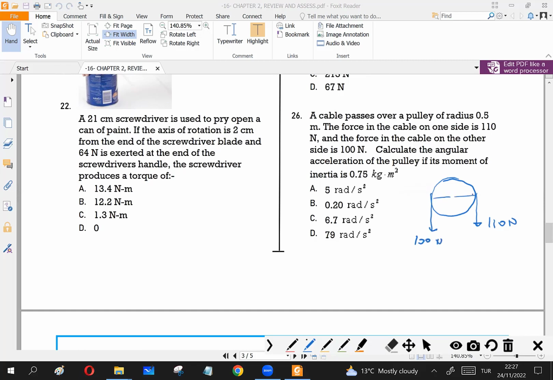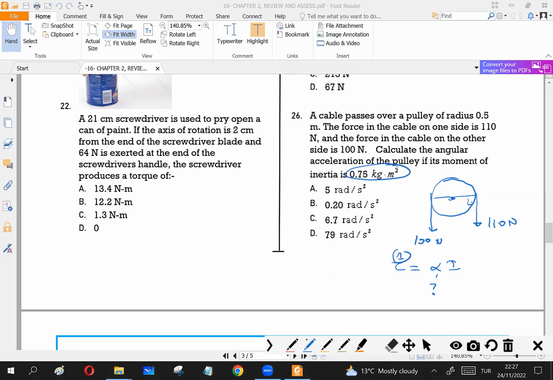So calculate angular acceleration, but angular acceleration can be calculated if you calculate the torque first. Easy to calculate because it's a disc. Even the moment of inertia is given, you don't need to calculate it. To calculate alpha, first I have to find the net torque.